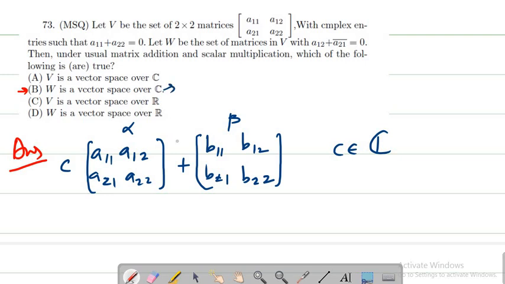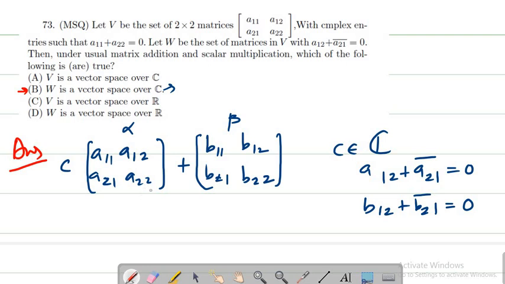So they have the property that a12 plus a21 conjugate will be 0, as well as b12 plus b21 conjugate will be 0.